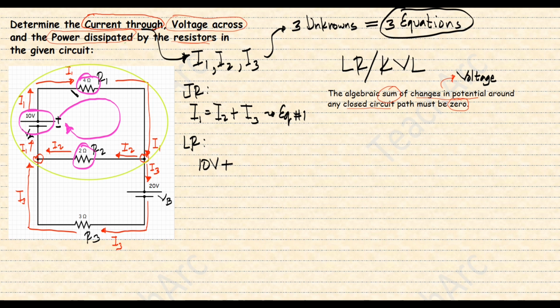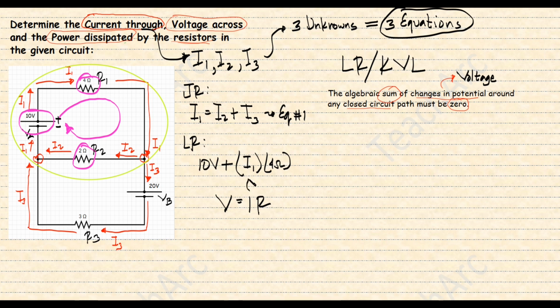And so, we add this to the voltage across the second component, which is a resistor. How do we get the change in potential here? Yes, you're correct. V is equal to I times R. The current here is I1 and R is 4 ohms.